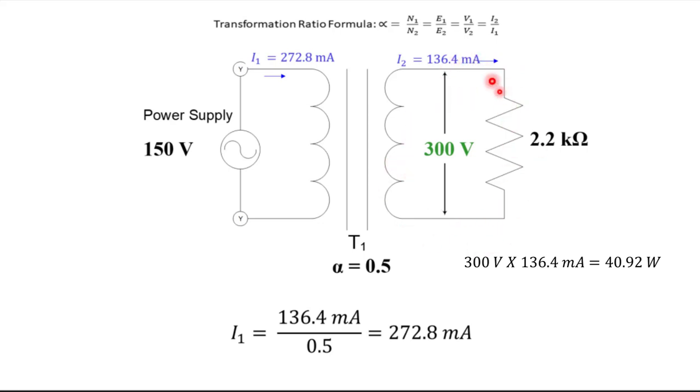And knowing that the power is the same in the secondary as in the primary, I could have taken this power, divided it by 150 volts, and that would have given me the current. So whichever way works best for you, that's the right way.